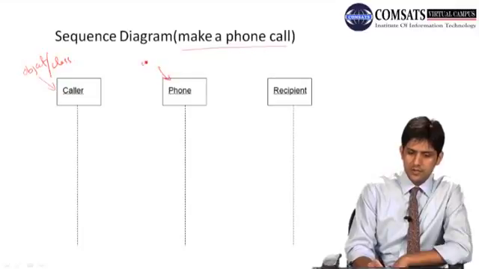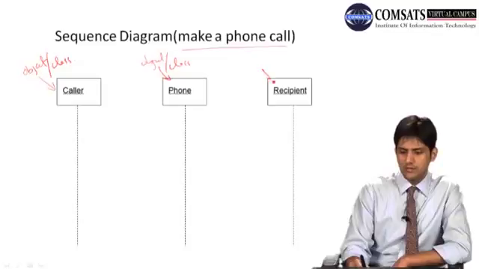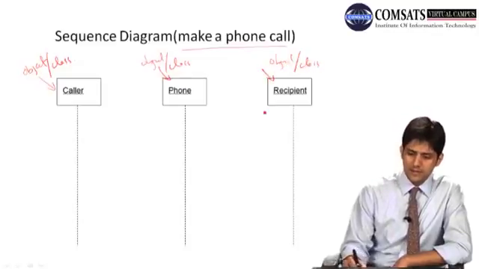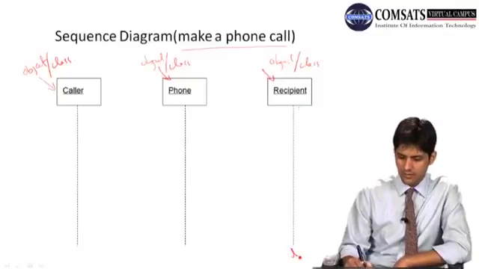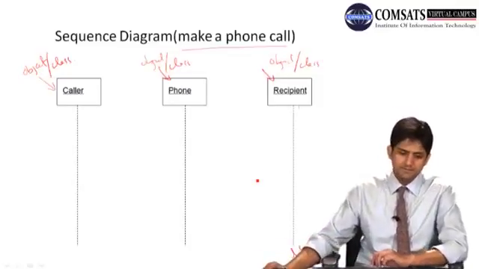This is another object or class, and similarly this is another object or class. The dashed lines under every object are the lifelines of all of these classes.